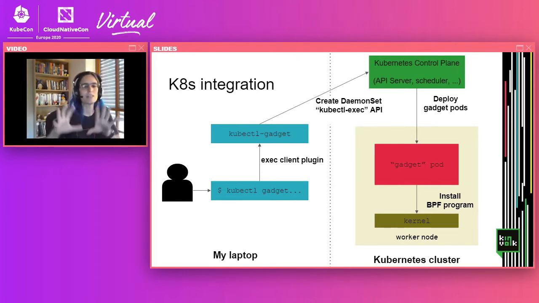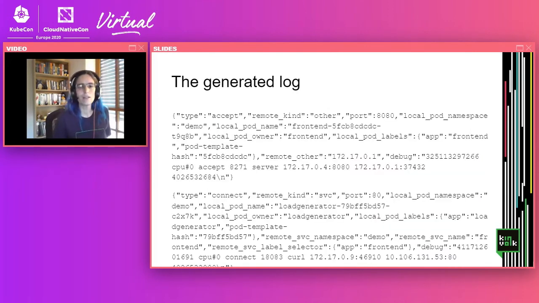But this is the basic idea of what happened right now when I typed network policy monitor. All right. And this is the log that we are generating. I show a little bit of what the log was looking like when I started generating it. And it has basically two types of entries, accept and connect.